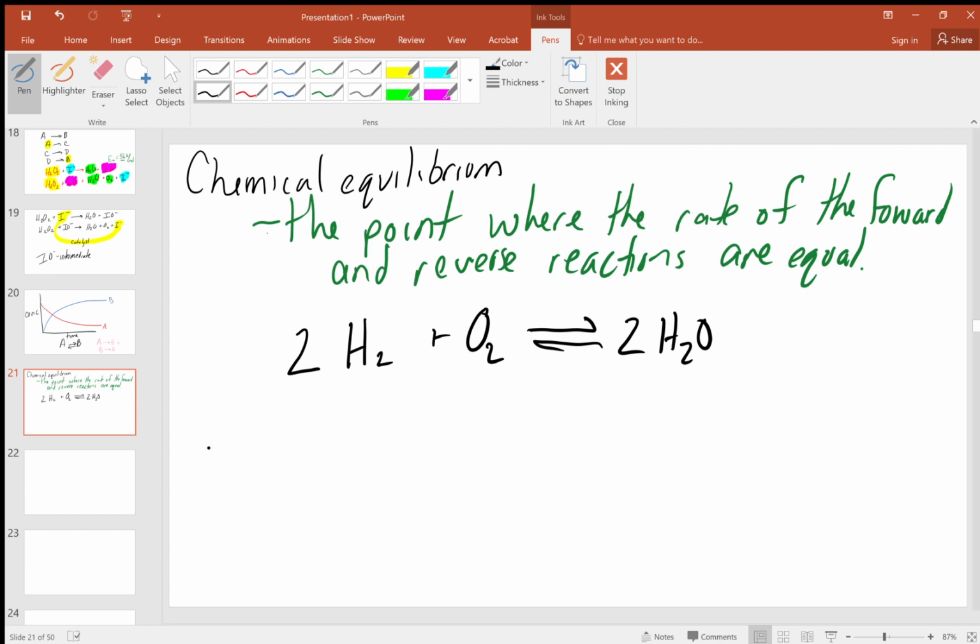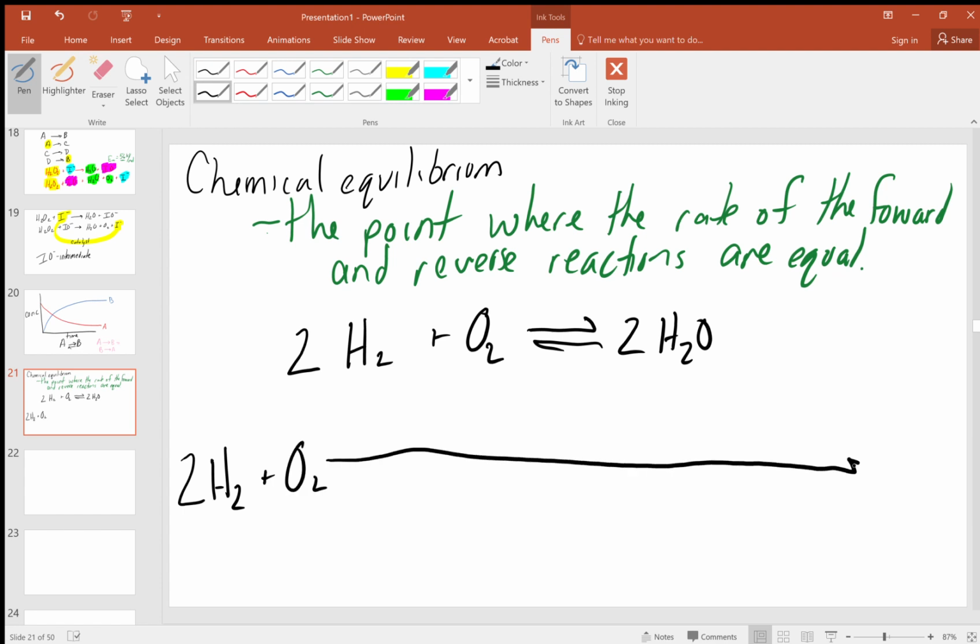But if we wanted to be realistic about the way we wrote this reaction, we should probably write it more like this, where that arrow indicates the forward reaction, and this arrow indicates the reverse reaction. If you can't see that arrow for the reverse reaction, that's fine, because that gives you an idea of how small it is.